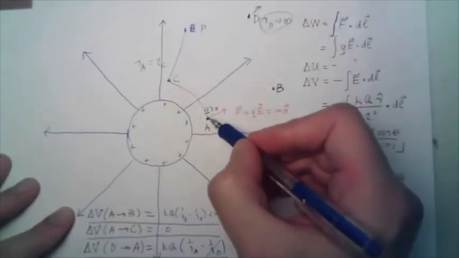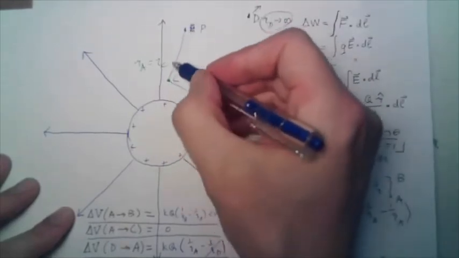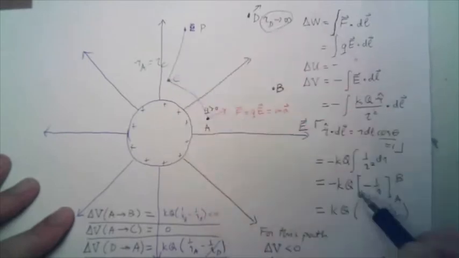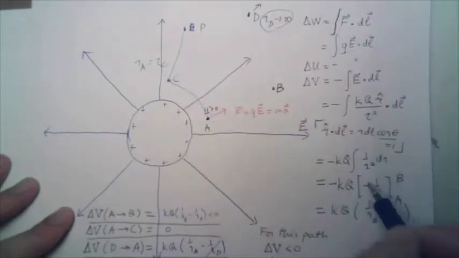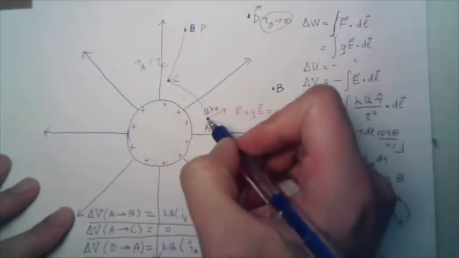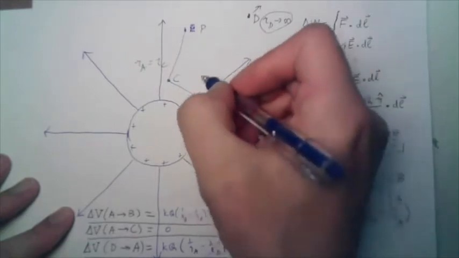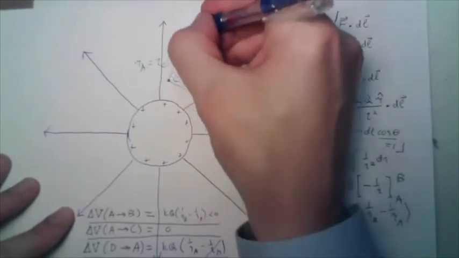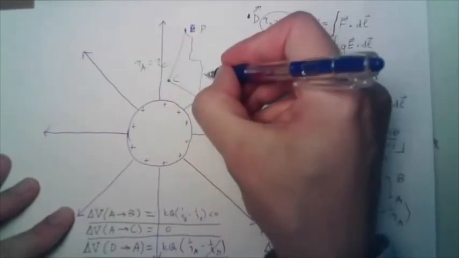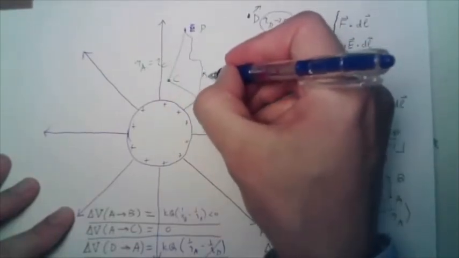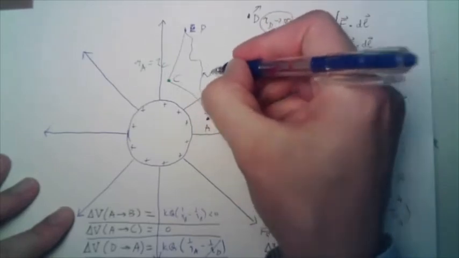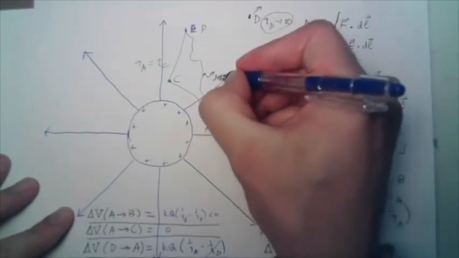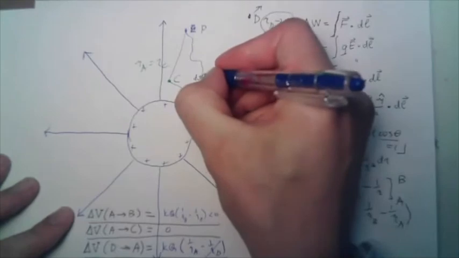And the potential change is going to be solely due to this part, because the potential only changes when you move in the R direction. And in fact, we can do this for an arbitrary path, because for an arbitrary path, we can always take a path that is going to the side, and then a path that's going out, where this is dr, and then this would be, for instance, d phi.